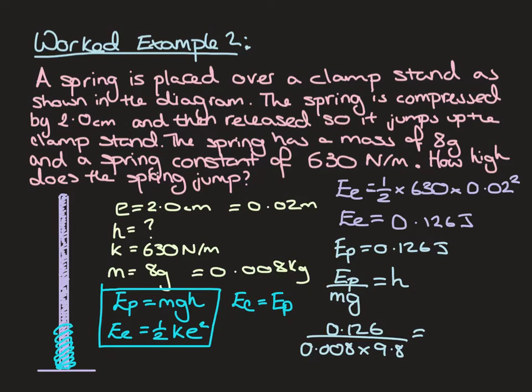And when we put these numbers into the equation, we get 0.126 divided by 0.008 by 9.8, and that should give us 1.607 metres. Okay, right.